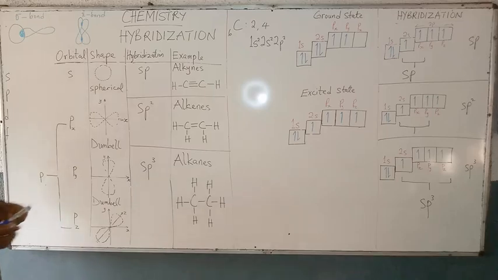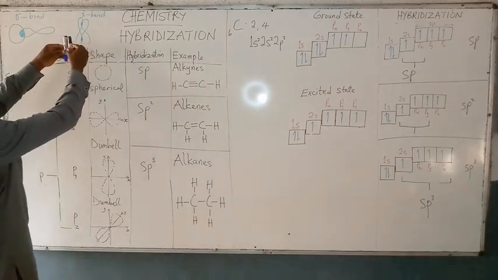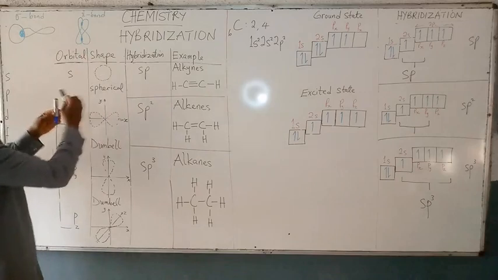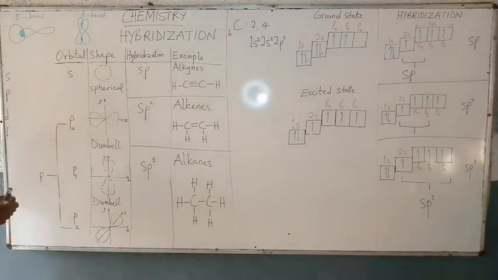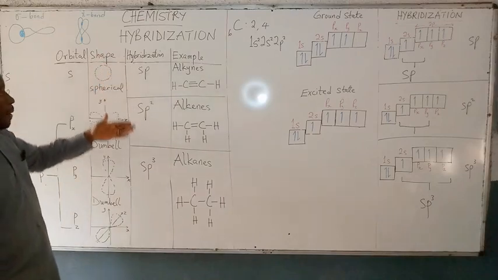What if the orbitals overlap sideways, as you can see here? Side by side overlap. What kind of bond do we obtain? That's pi bond, which is weaker than sigma bond. So you see hybridization illustrated here.